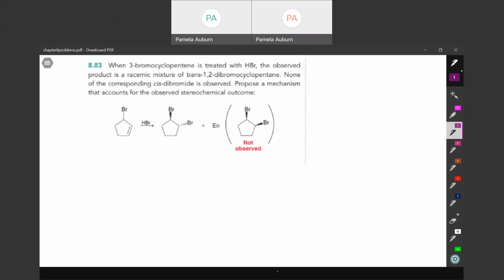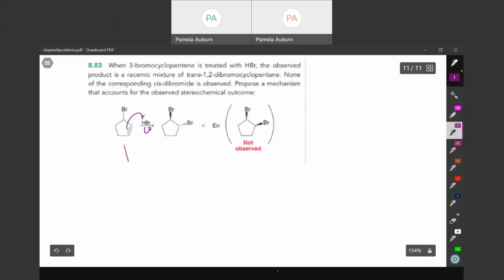So what I'm going to say happened first is that the electrons in the pi bond are going to attack the HBr. So these guys come out here and that leaves.